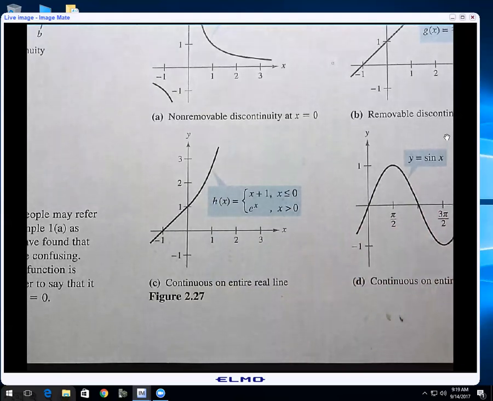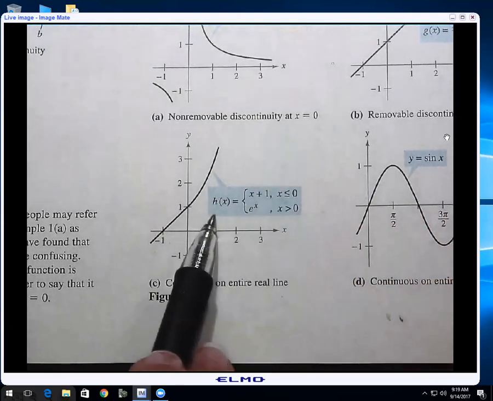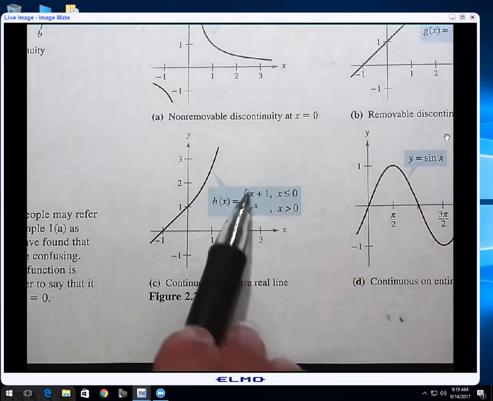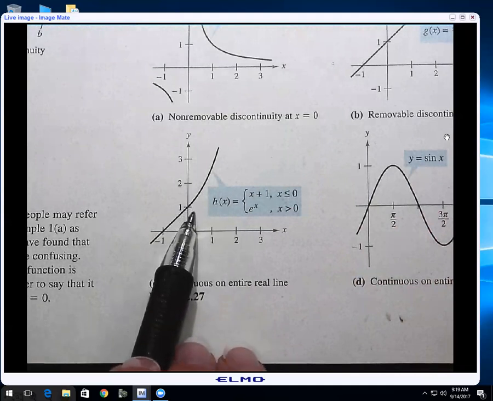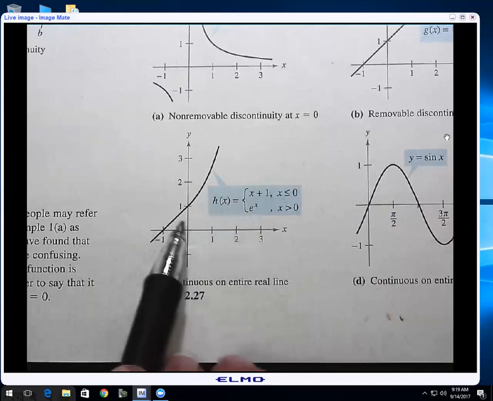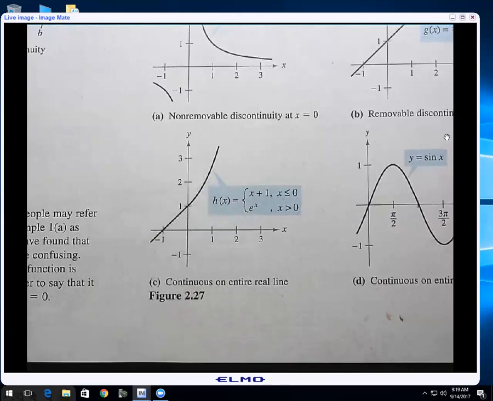The reason there's no discontinuity there is because whether you put 0 into the first part or the second part, you get the same y value, you get 1. So the two pieces of the graph do hook up there, and there's no discontinuity because the line part hooks up with the exponential part.